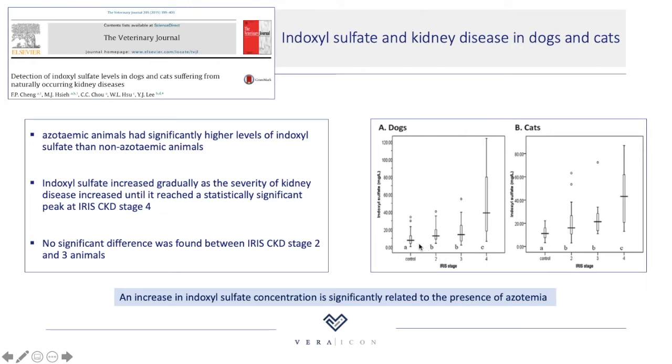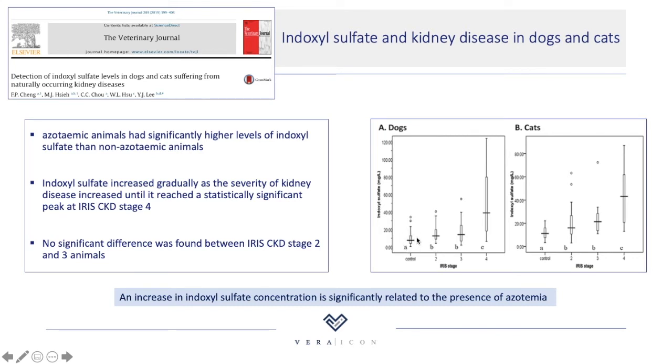What they did, they just looked at serum indoxyl sulfate levels, and they showed that if a dog or a cat has CKD and already in an early stage, so stage 2 here, you can see serum indoxyl sulfate levels go up compared to control dogs and cats.